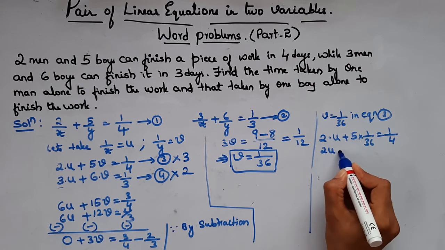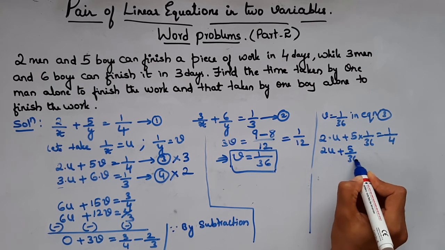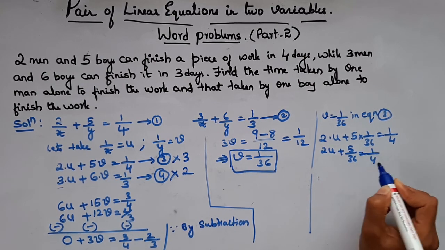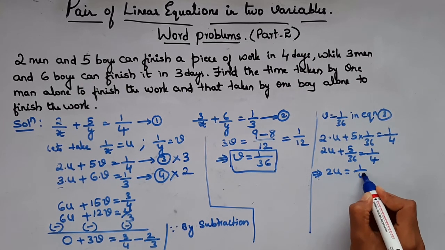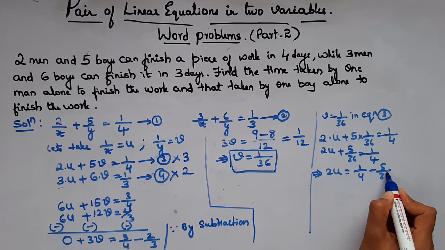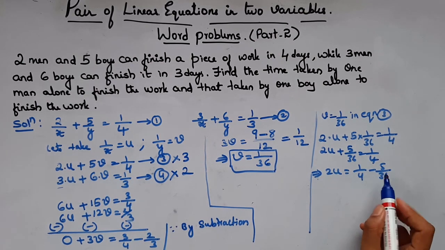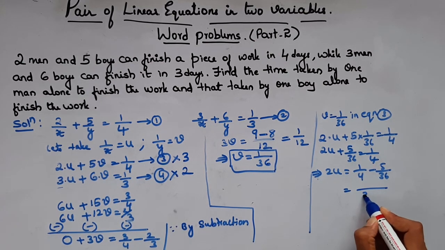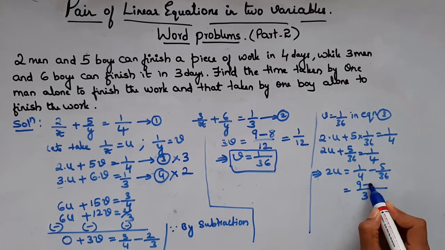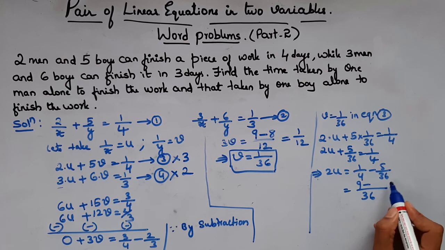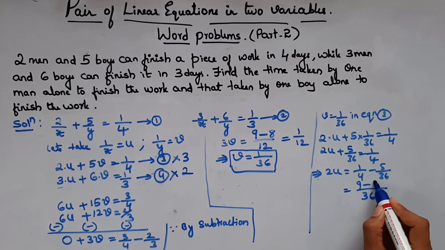So 2u + 5/36 = 1/4, which implies 2u = 1/4 minus 5/36. Now taking the LCM of 4 and 36, your LCM is 36. So 4 into 9 is 36, so 9 minus 5 into 1 is 5.